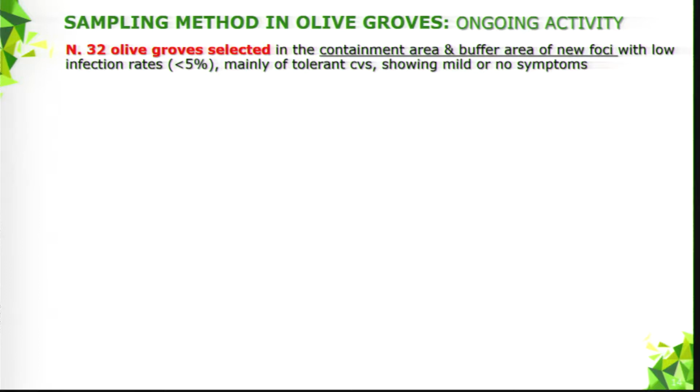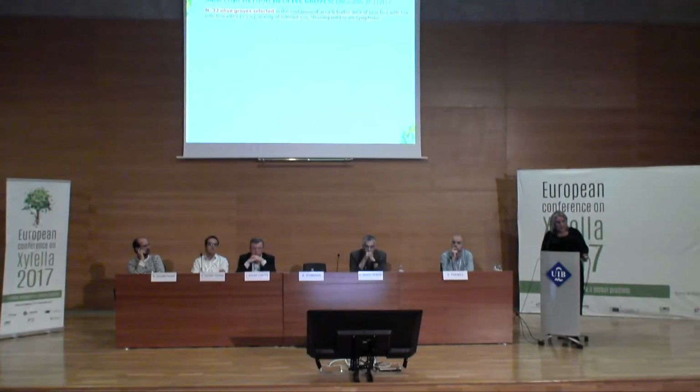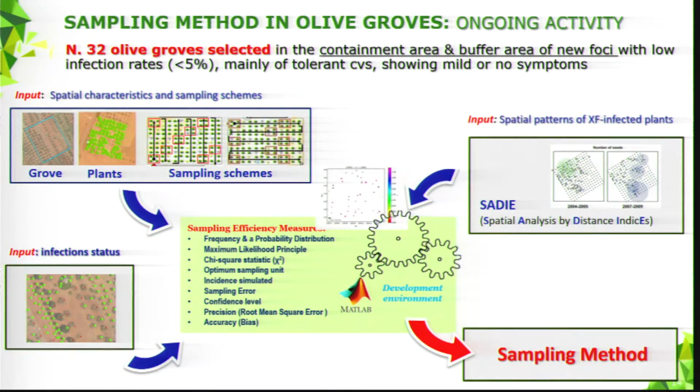We selected 32 olive groves in the containment area and buffer area of new foci with low infection rates, less than 5%, mainly of tolerant cultivars, Lecino and Frantoio, showing mild or no symptoms. In order to set up a sampling scheme which is efficient at the grove level, we are going to use the different grove shapes, plants, and the different sampling schemes as one input for spatial sampling schemes.